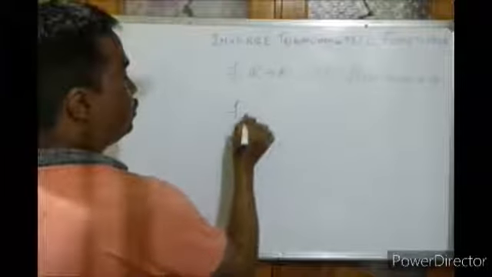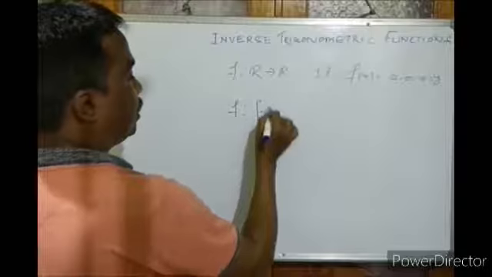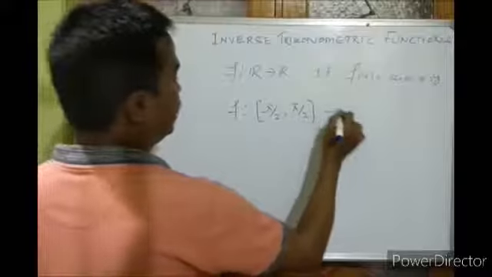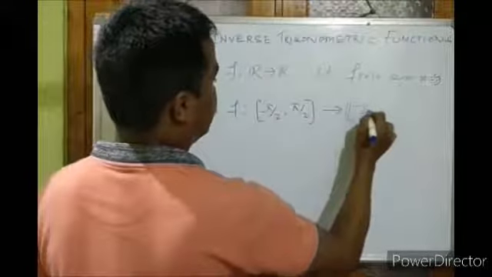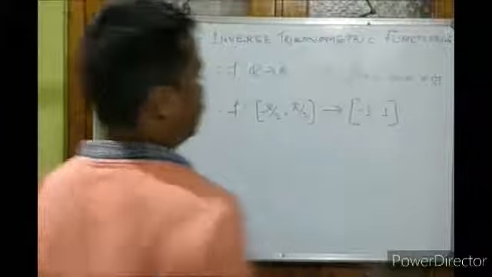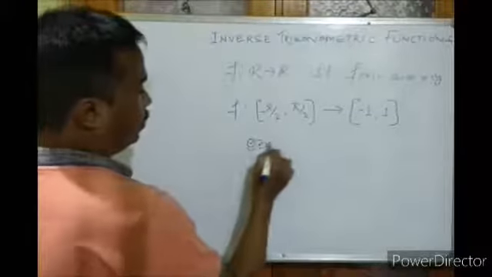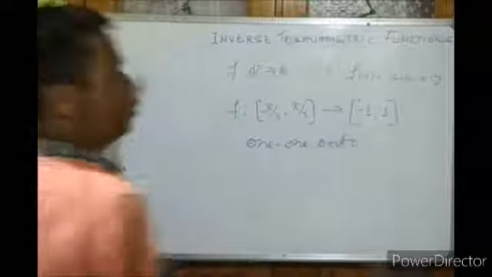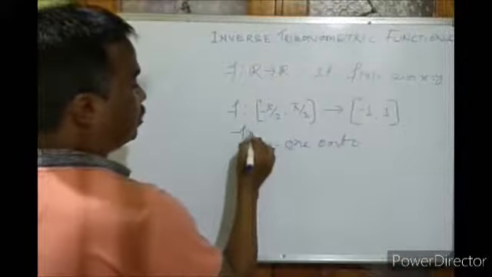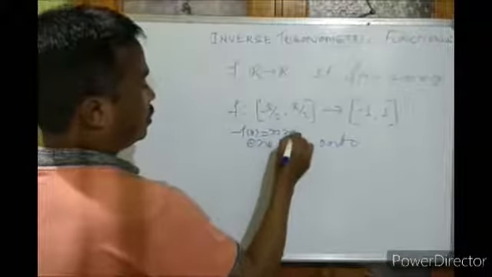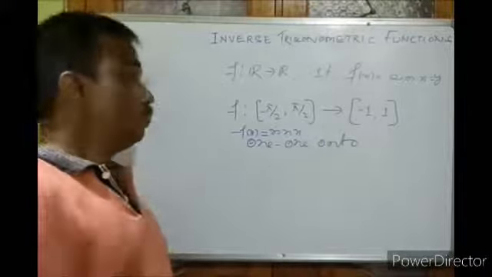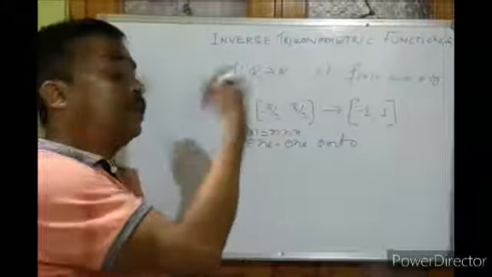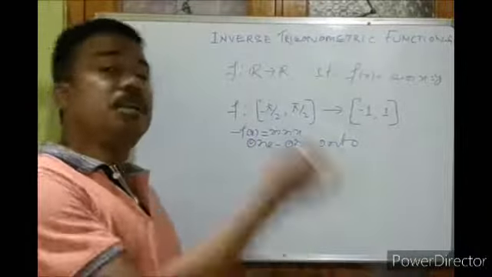So f maps minus pi by 2 to plus pi by 2, with codomain -1 to +1, and this is one-one and onto. This sin x becomes a one-one onto function, and in that case it becomes invertible, because for every one-one onto function there exists an inverse.